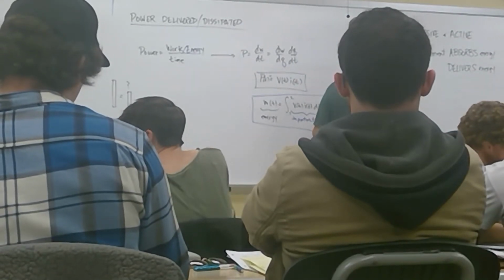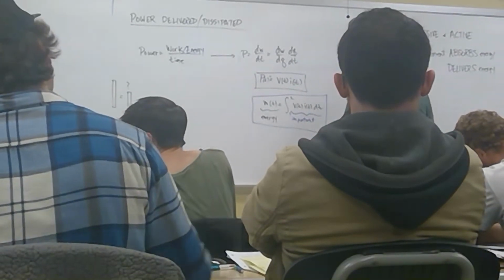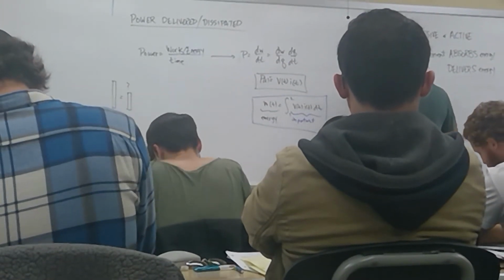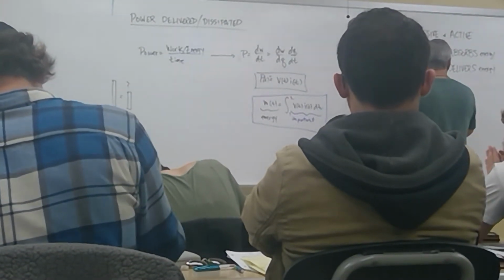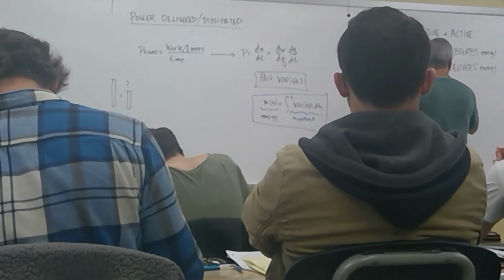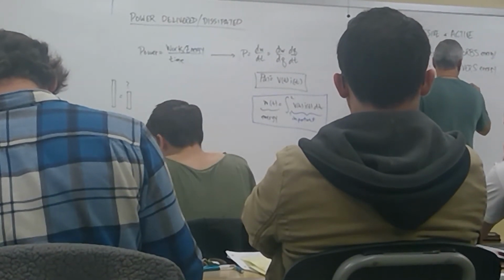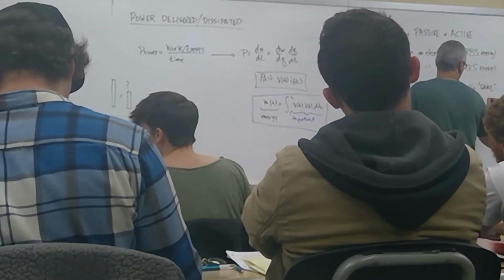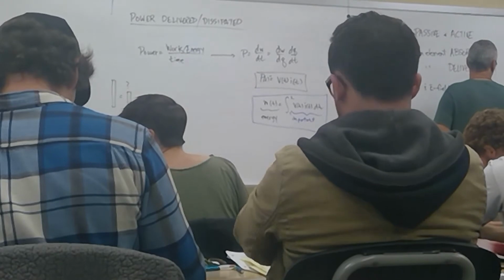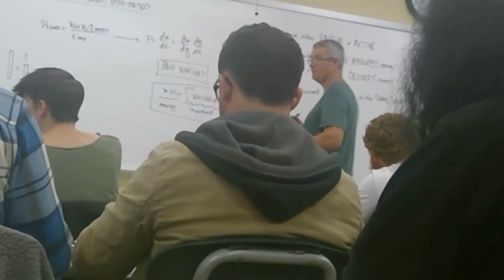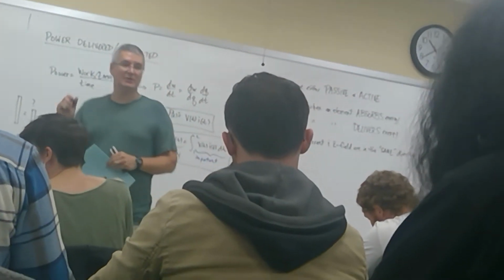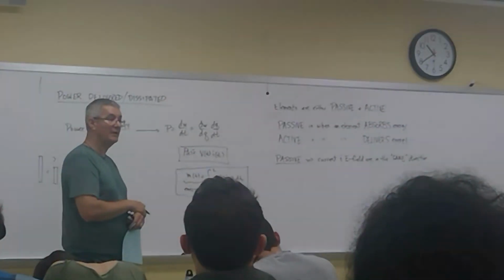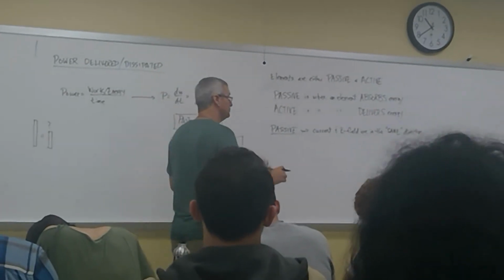What this implies is that the current and the E field are in the same direction. Now, I don't really like saying it that way, but I don't know any other way to say it. What I mean by this is this picture.